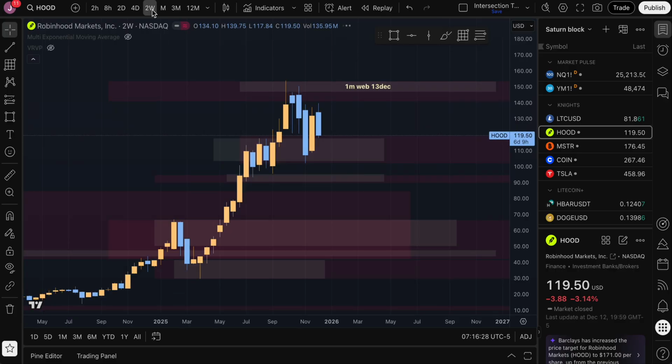Look at the 2 week. I don't normally do the 2 week anymore. I used to a lot, but just because that was extremely quick.